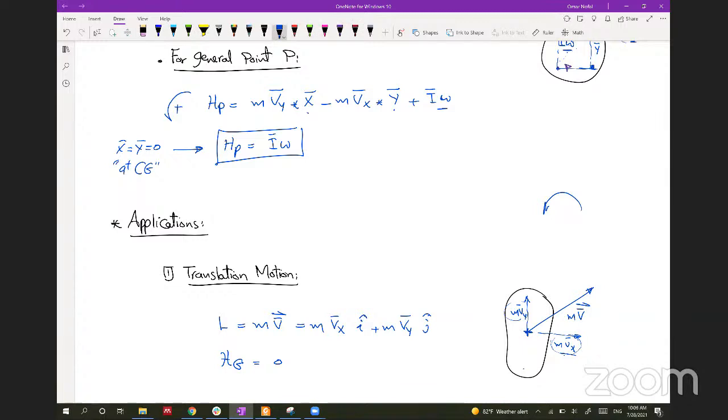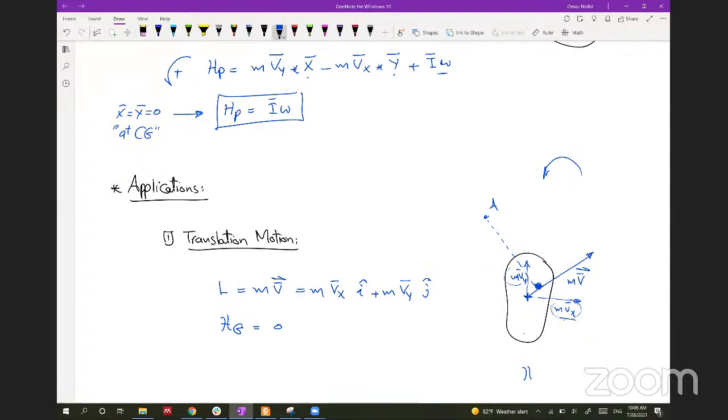But if we have a point A here, and we need the angular momentum about point A, we will need to identify the perpendicular distance first. In a scalar form, it will be the distance d multiplied by mv.